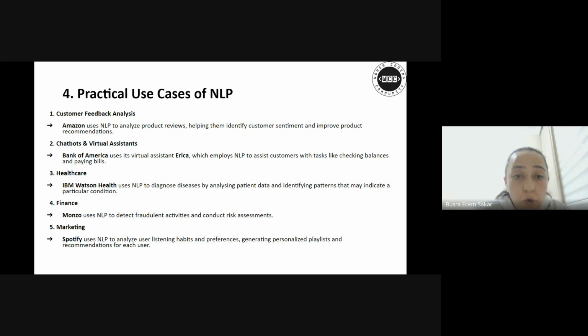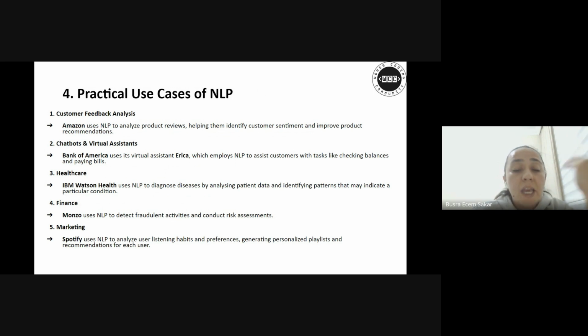For example, Bank of America uses its virtual assistant Erica, which is powered by NLP. Erica helps customers with tasks like checking balances and paying bills, and it also provides some financial advice. It likely uses pre-trained language models such as BERT to understand users' intent.